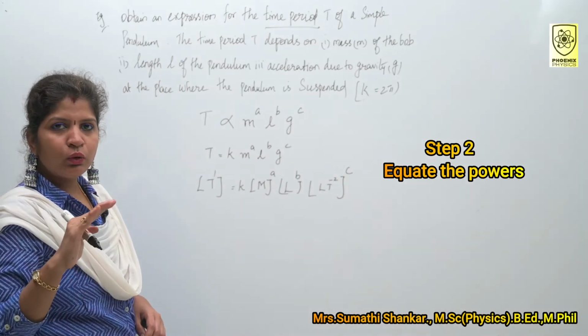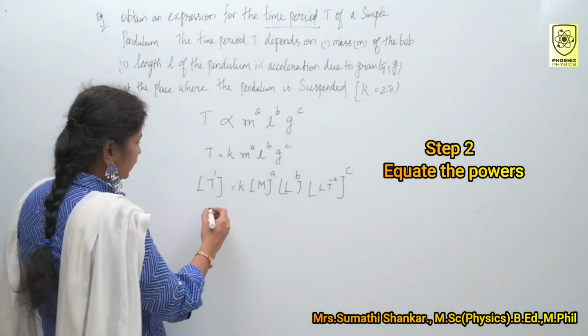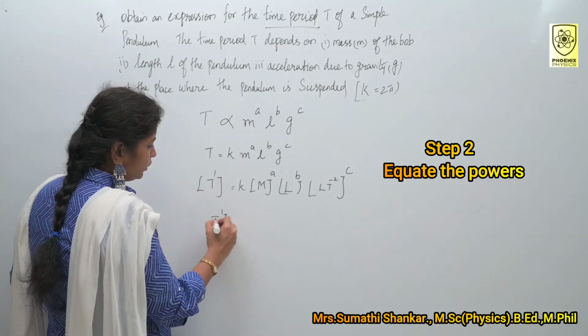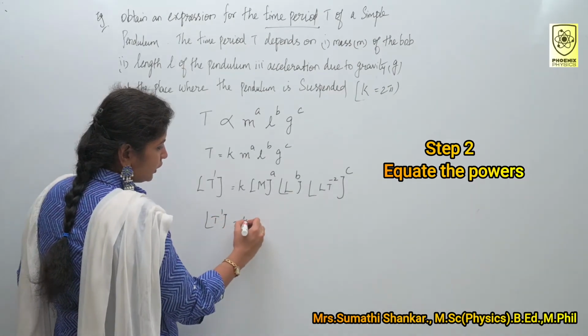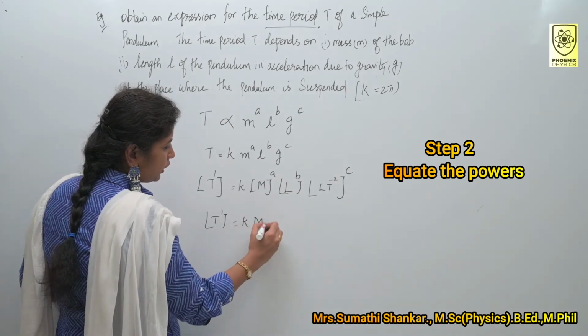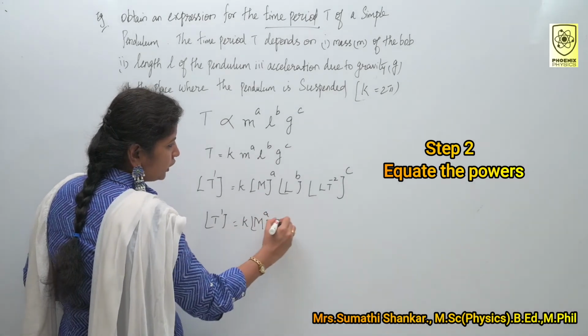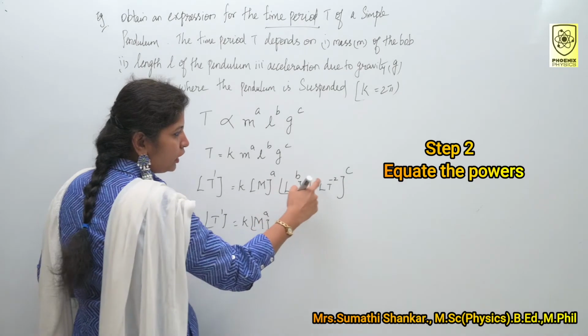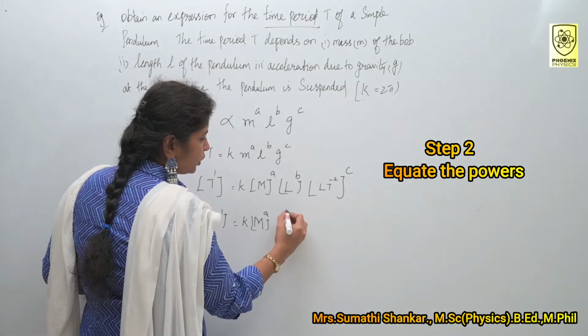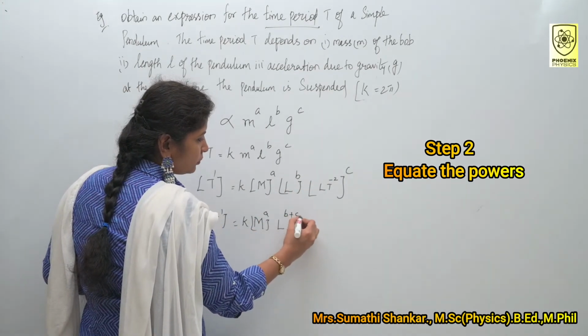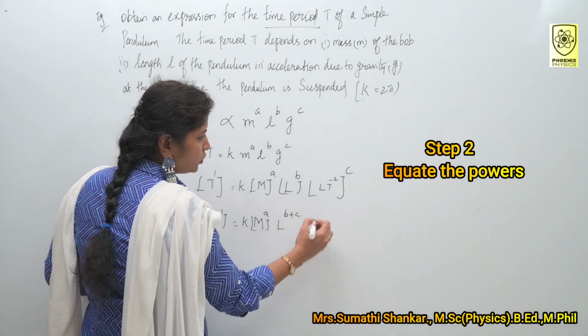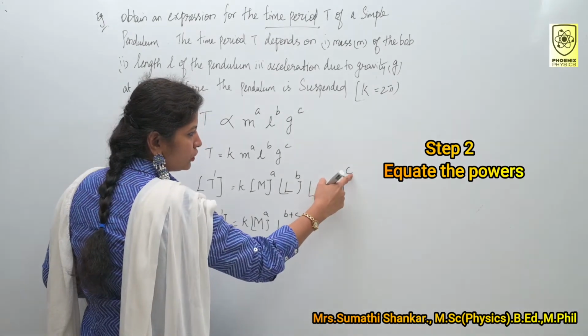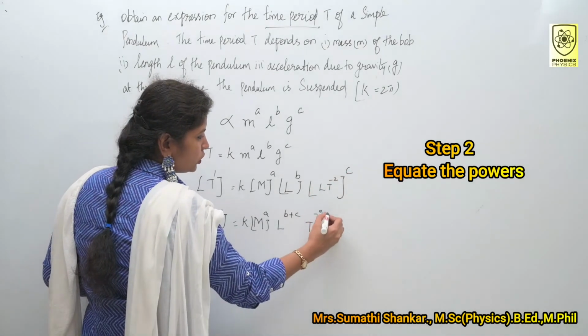What is our next step? We have to equate the powers. Here T to the power 1, here k, M to the power a, L to the power, here I have b and here I have c. So you can write it as b plus c, and T means minus 2c.